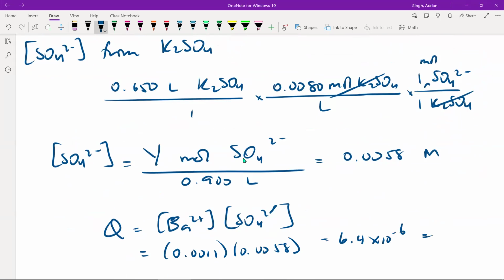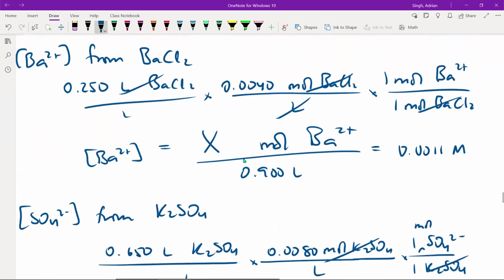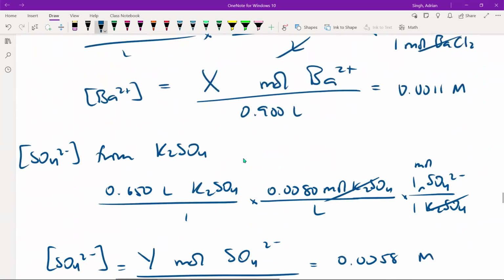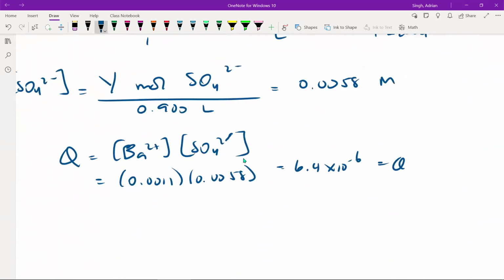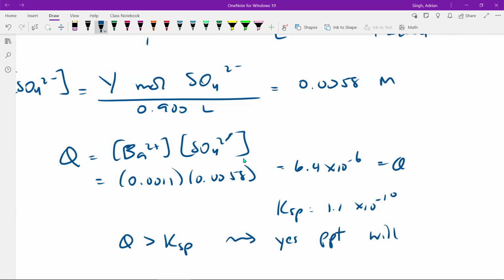So that's our Q. We compare that to KSP. The KSP there was 1.1 times 10 to the negative 10. So Q is greater than the KSP, so we can predict, yes, a precipitate will form.